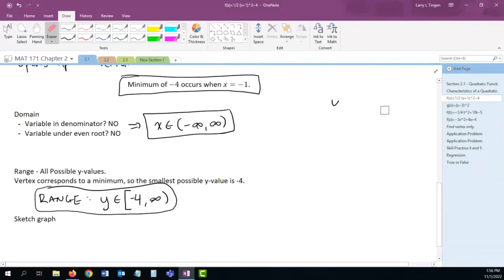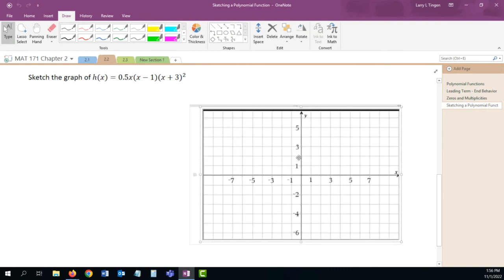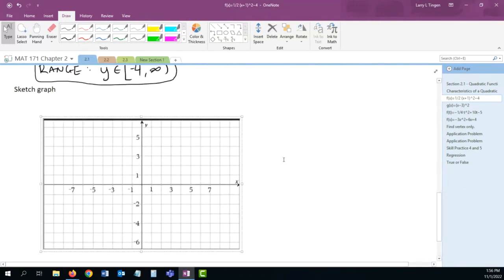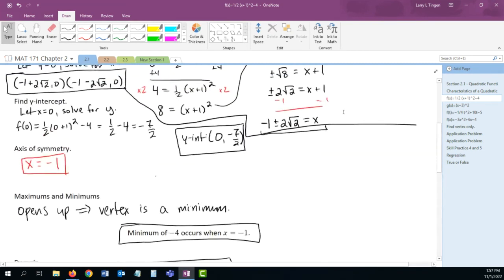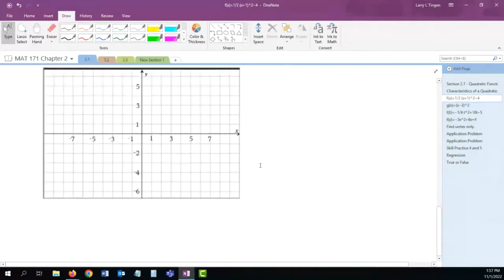So I have enough information to now sketch this function. All right, now I'm going to go steal a graphic here real quick. Bring it back to this one. So what do we know about this function? Well, I have a vertex at -1, -4.